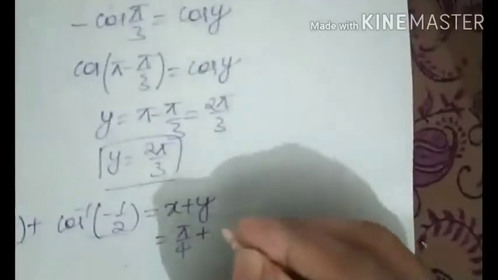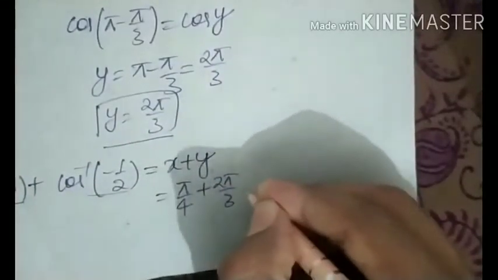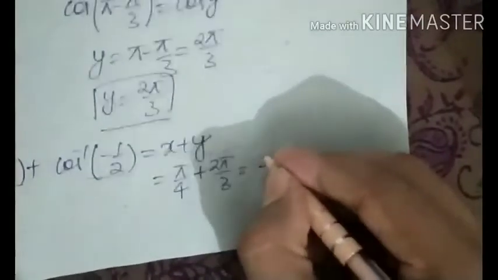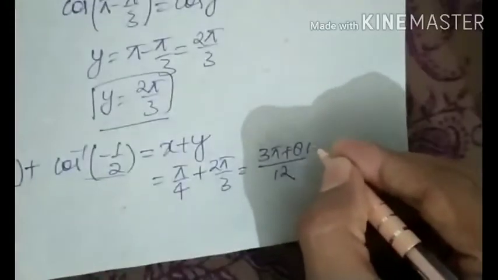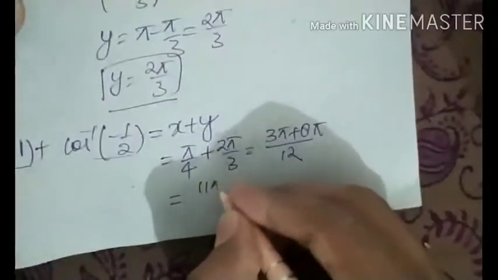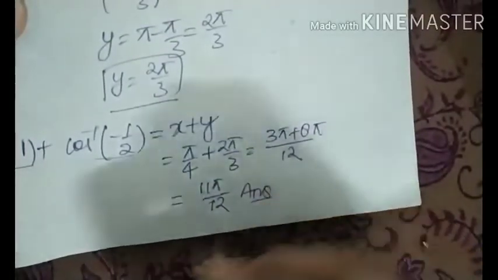Then we write here pi by 4 plus 2 pi by 3. The LCM is 12, and it becomes 3 pi plus 8 pi by 12, which is equal to 11 pi by 12, our final answer.